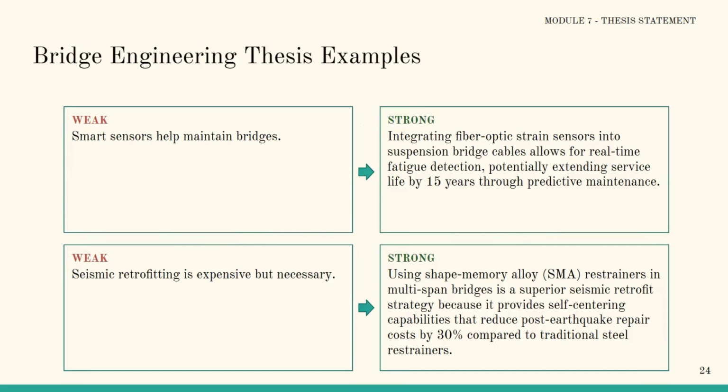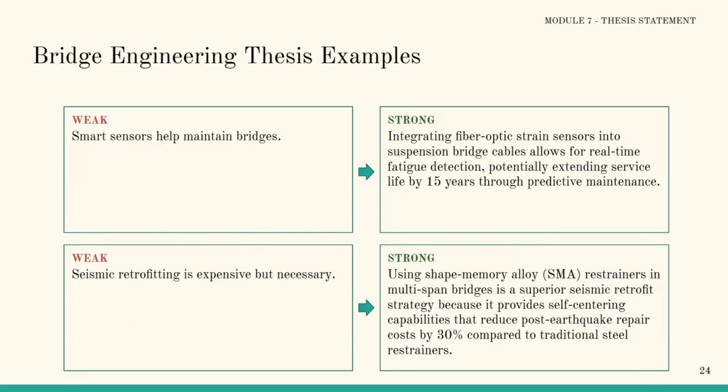So a strong thesis statement should be more articulate, more multidimensional, and debatable, like integrating fiber optic strain sensors, we're specifying which type of sensors, into suspension bridge cables allows for real-time fatigue detection, potentially extending service life by 15 years through predictive maintenance.